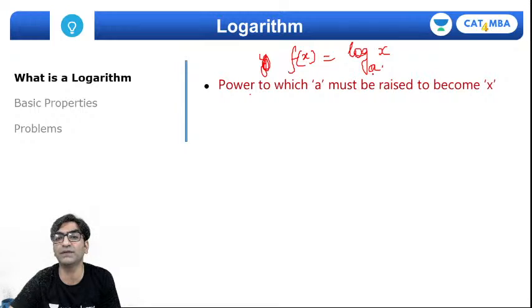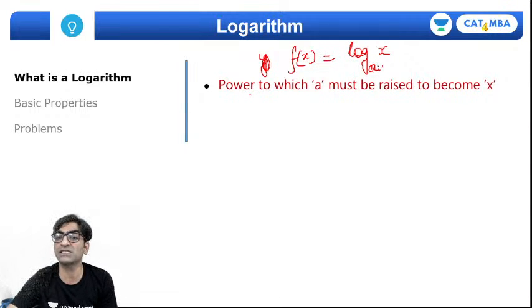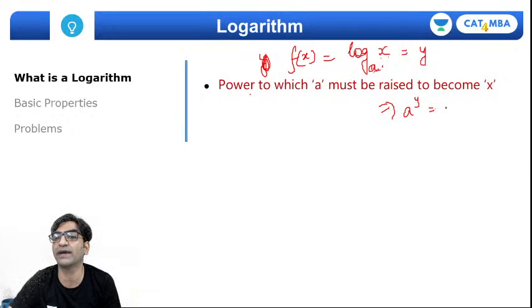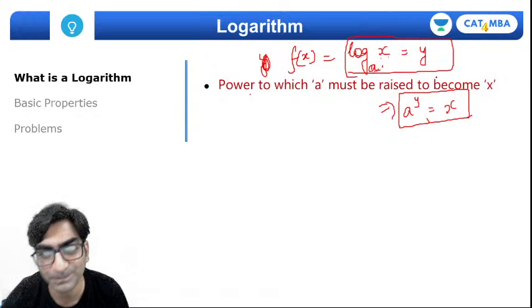The power to which a must be raised in order to become x is called the logarithm, है ना? a को कौन से पावर में रेज किया जाए ताकि वो x बन जाए. तो एक बार इसको अगर आप समझोगे तो let's say this is y, then this translates into a must be raised to this power y so that it becomes x, right? Which basically means that a power y is equal to x, right? Can you see that what started off as a logarithm has now become an exponent? Right? That's the meaning of logarithm.